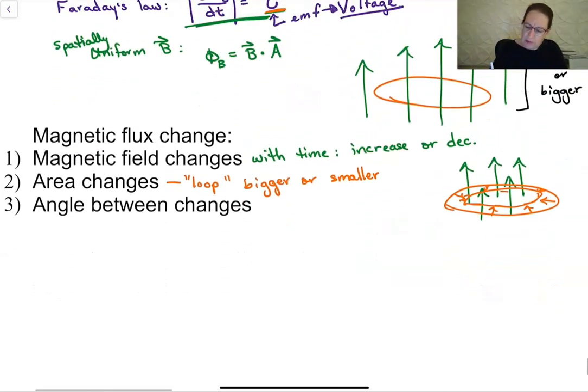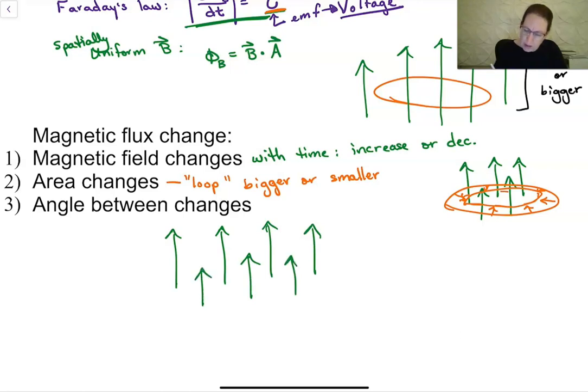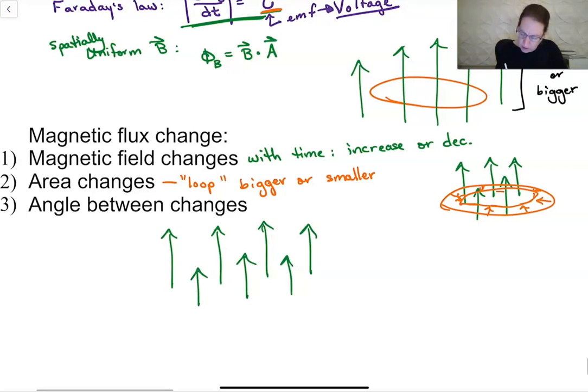So that would be a situation where we've got the magnetic field that points like this, right? And I have a wire loop like that, and it goes from that orientation. Actually, I'm going to change it just a little bit.